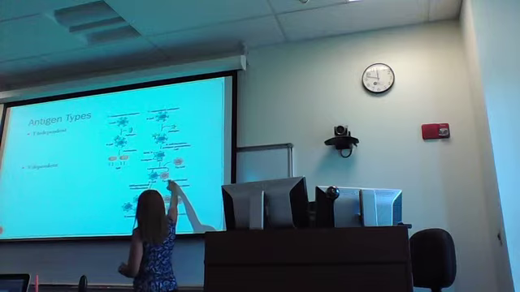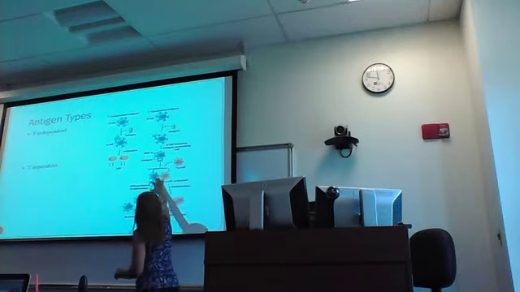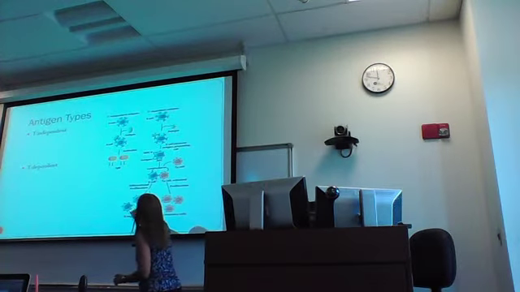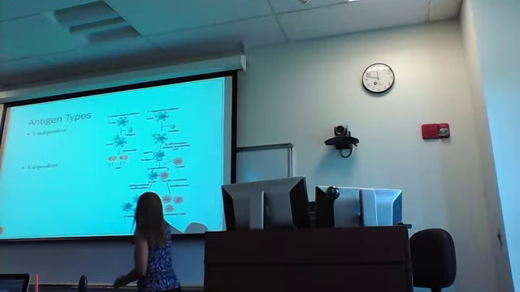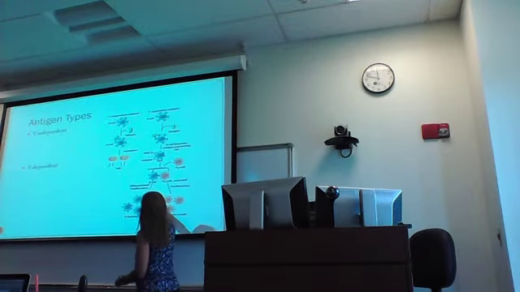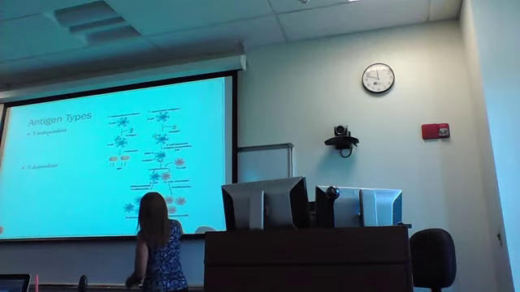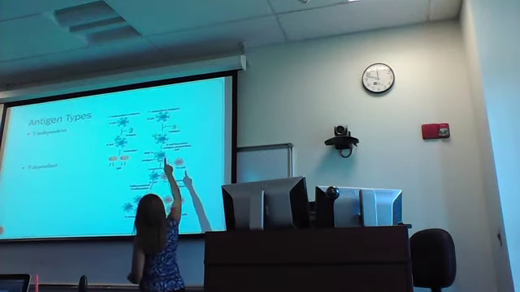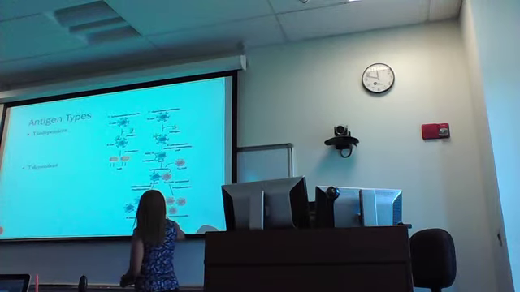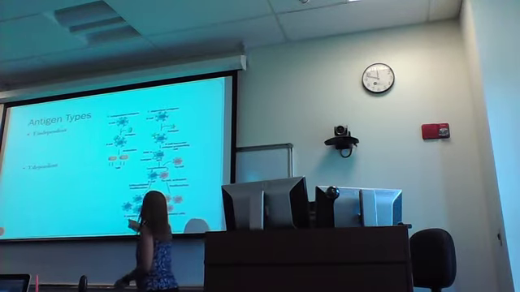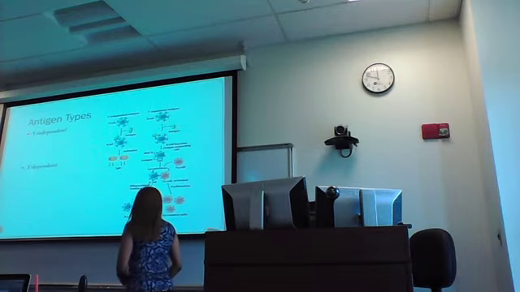And when it does, it causes a clone of cells that can respond to the green thing antigen. These will mature into plasma cells and make specific IgG against the green thing. And it also will make a clone of memory cells, a clone of B memory cells.